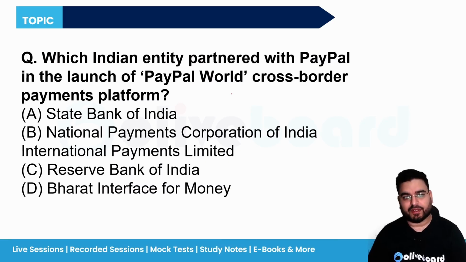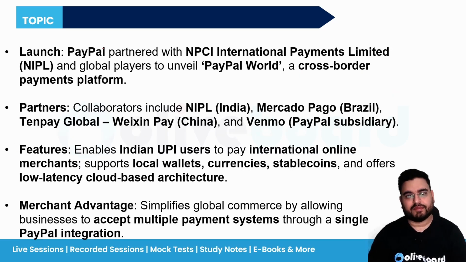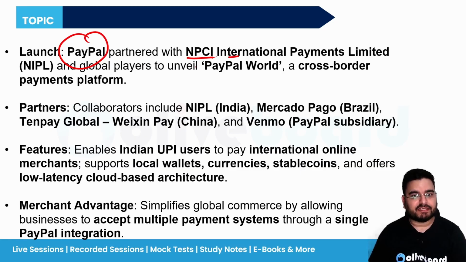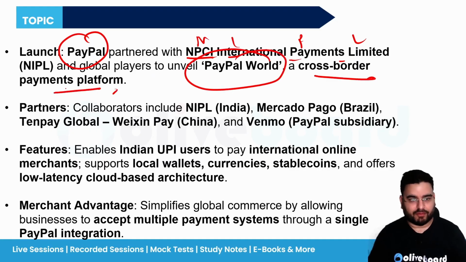If you are in the USA and you want to pay in India, you can use PayPal World. Okay, so NIPL is the partner. PayPal has partnered with NPCI International Payments Limited, that is NIPL, and they have launched PayPal World. What is PayPal World? It is a cross-border payment platform.